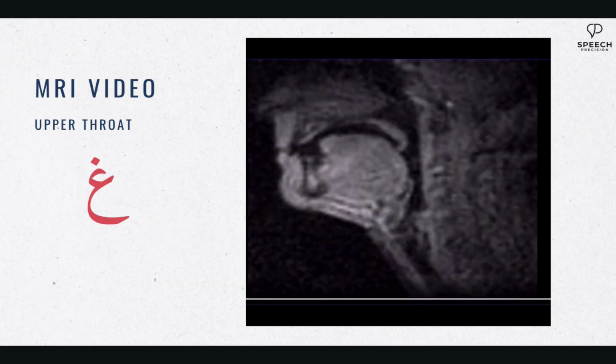So just to remind ourselves what we're looking at, this whole thing is the tongue, and this is the roof of the mouth, and this is a soft palate right here. It's lowered right now. So we're going to be focusing on what's happening here at the upper part of the throat.